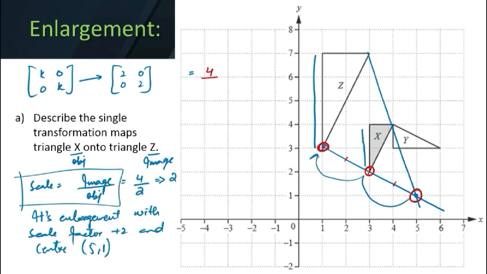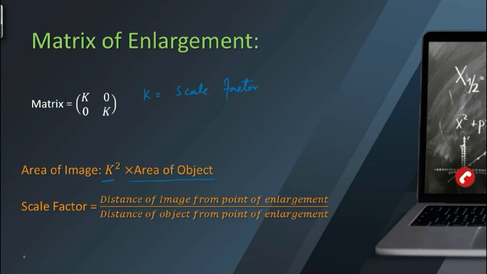So in the numerator we will write 4, and the object has 1 and 2 boxes distance, so this is 2. So in the same way we will get the scale factor positive 2. Okay, but see that it is easy, like if you take just one side of object and image and write the image in the numerator and object in the denominator, you will easily get the scale factor. Okay, so it's easy to use scale image divided by object.